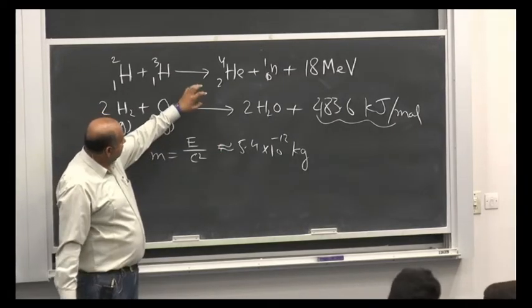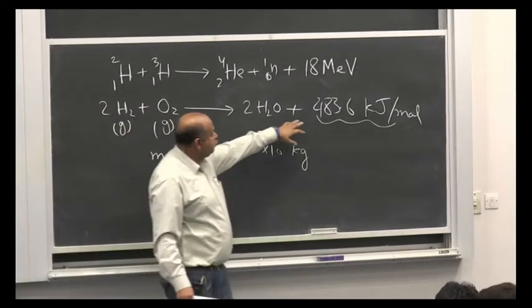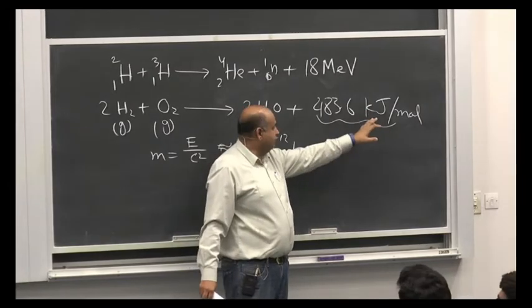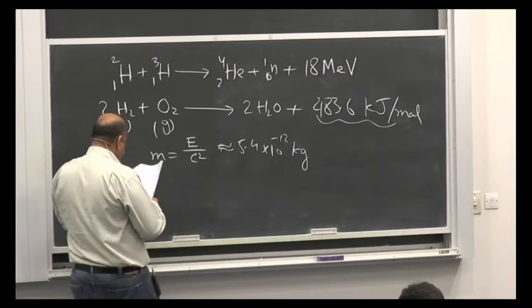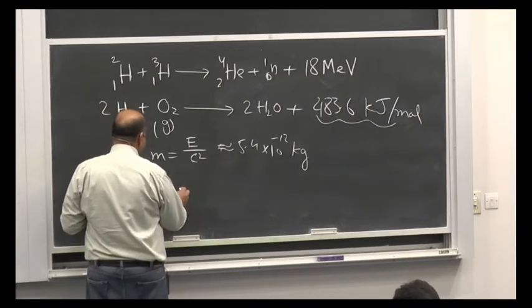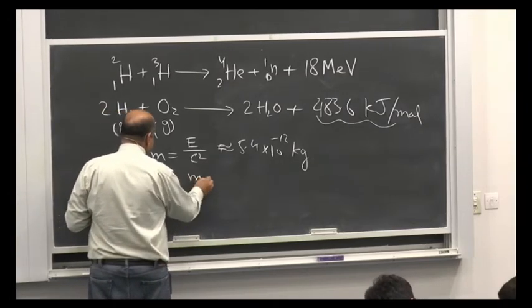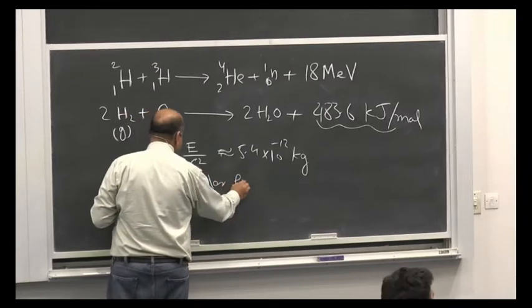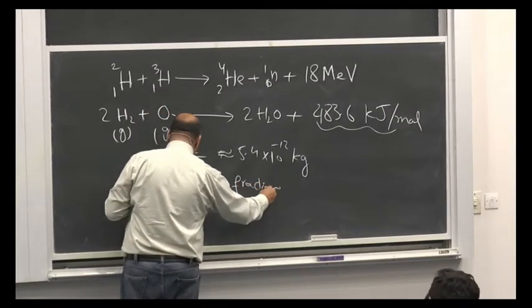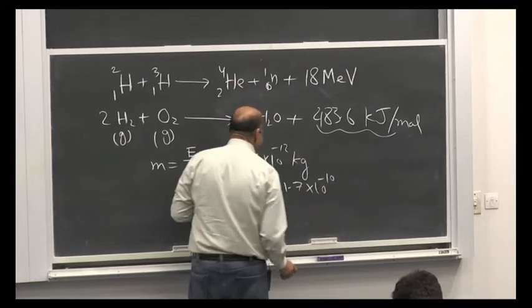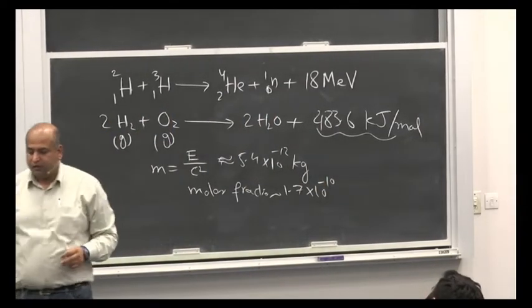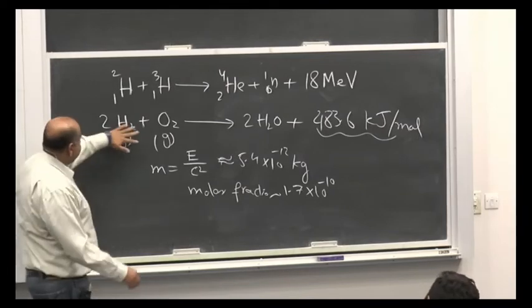And this is for the heat produced by 1 mole of oxygen, which is 32 grams. So if I convert this mass into the molar fraction, the fraction is roughly 10^-10 between the masses on this side and that side.